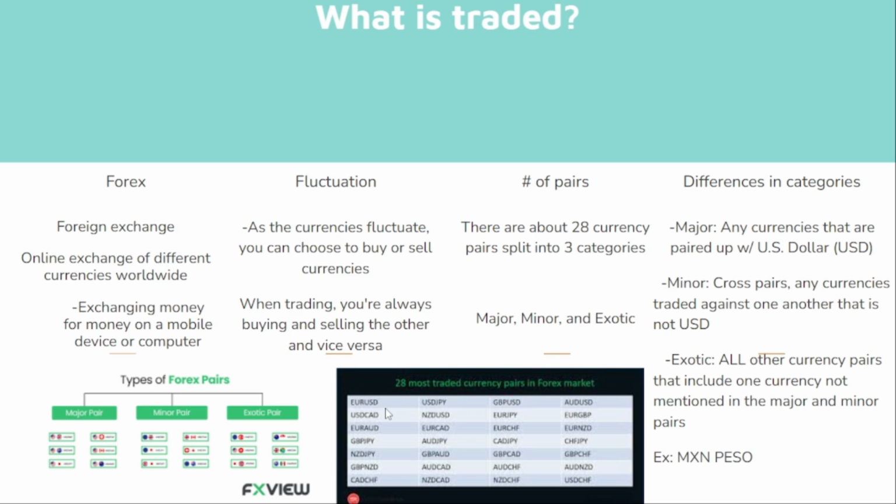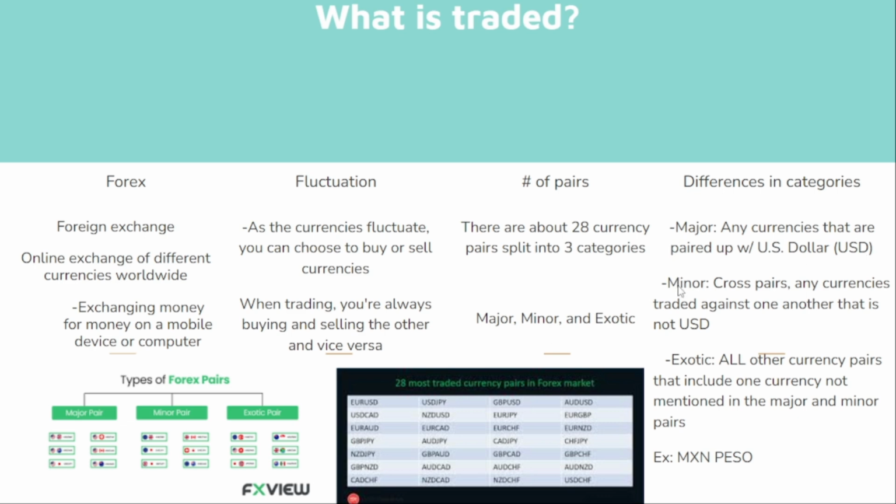So it could be EUR/USD, USD/JPY, GBP/USD, AUD/USD, USD/CAD, and NZD/USD. That's basically it on this chart. As you can see, or USD/CHF, for Switzerland, whatever. Those are basically the major pairs because it has the USD currency in the pair. So if y'all want to write this down, it's basically any currencies that are paired up with the US dollar.